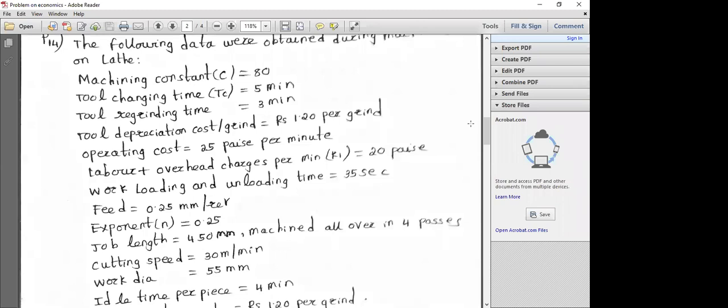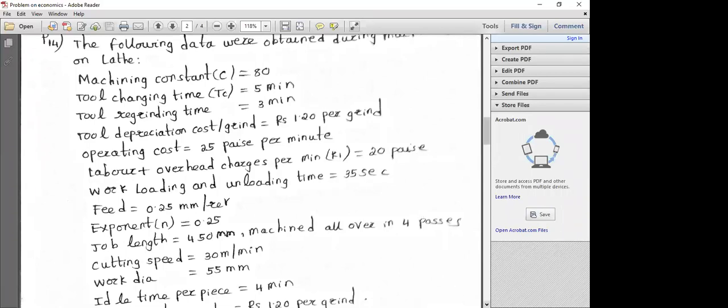So what is work loading? 35 seconds. It is not that all the data given in the problem should be taken. Only the data which is useful for your formula or equations you have to take into consideration. You have the feed, the exponent value, and the job length, machined in 4 passes.